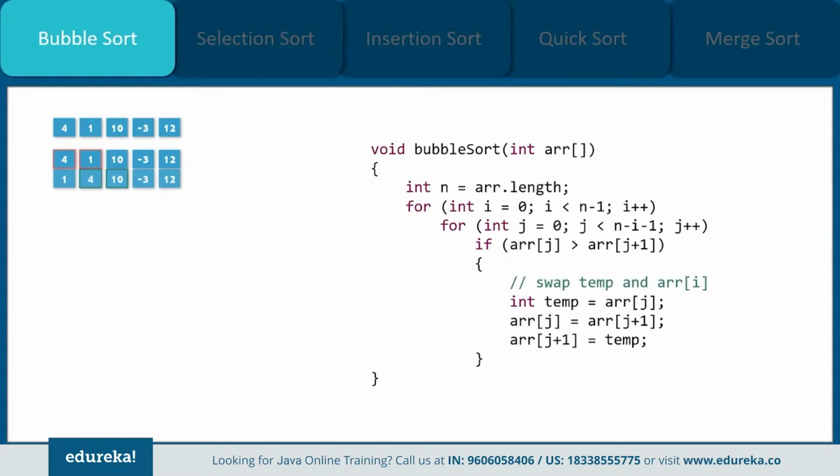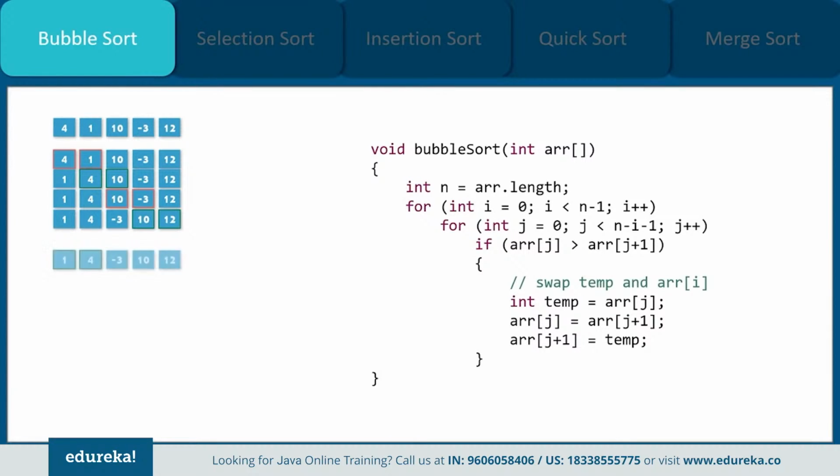Next we compare 4 and 10. That passes because 4 is less than 10. Then we move on to the next adjacent elements, 10 and minus 3. When we compare them, we find that minus 3 is the smaller one, so we swap them. In the same way, when we compare 10 and 12, it's perfectly fine.